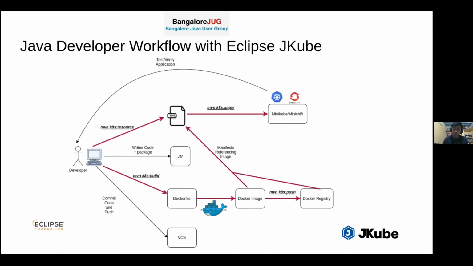Pushing the image to some registry is mvn k8s:push. Generating the manifests for Kubernetes is mvn k8s:resource, and applying those manifests to the cluster is mvn k8s:apply. So JKube is acting as a bridge between the Java developer and Docker and Kubernetes, and it really helps in abstracting out lots of the details. A Java developer has to only think that he's packaging his application, and JKube does the work behind the scenes for you.